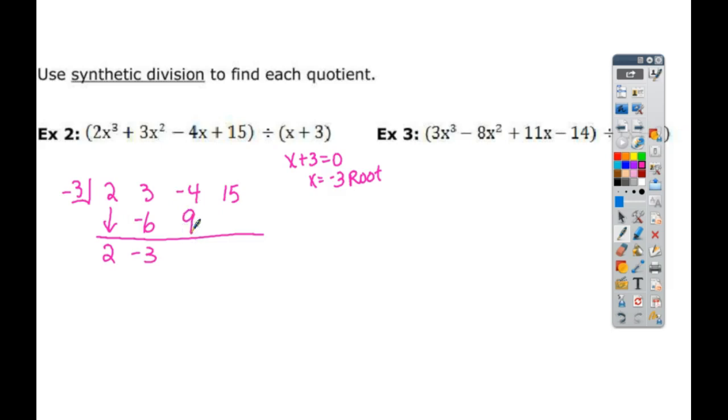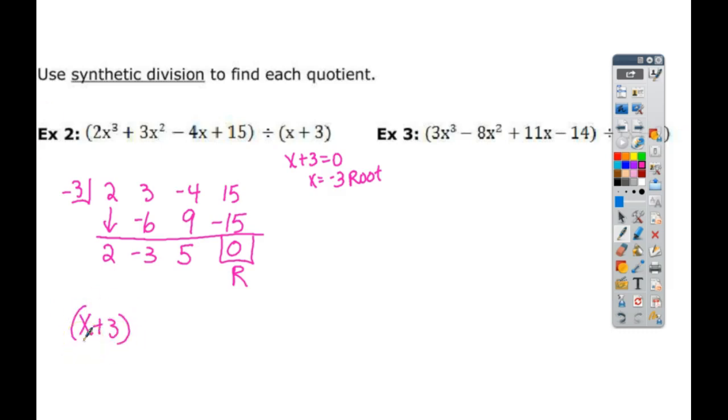Oh, you moved all the way to the bottom. So now when I add, it's 5. Back to the diagonal. This is your remainder. If that is 0, that tells me -3 is a root. So x plus 3 is a factor.